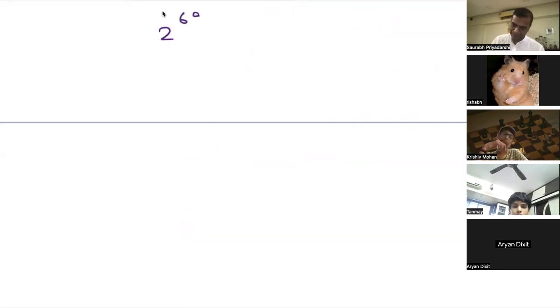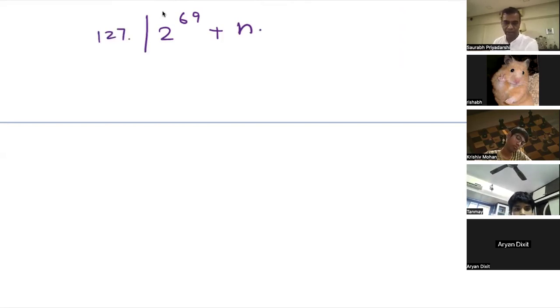2 to the power 69 plus the number n is divided by 127. So what is the value of n such that 2 to the power 69 plus n is divisible by 127?